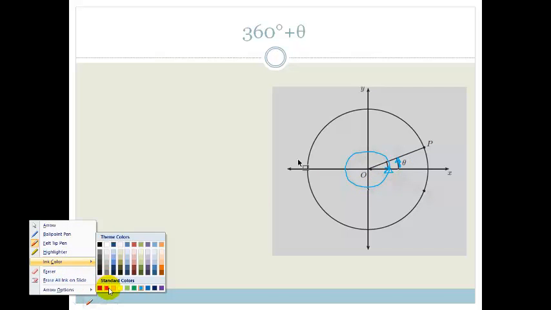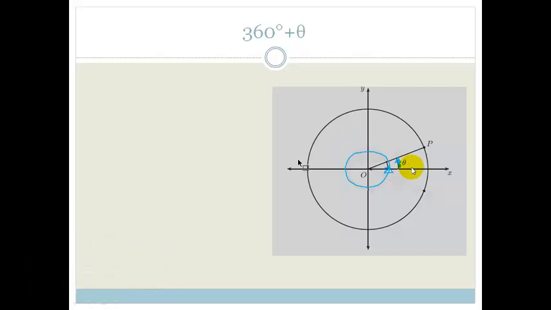So 360 degrees plus theta is going to be all the way around there plus my theta. So I get exactly back to where I started. Therefore 360 degrees plus theta is exactly the same as just saying theta.